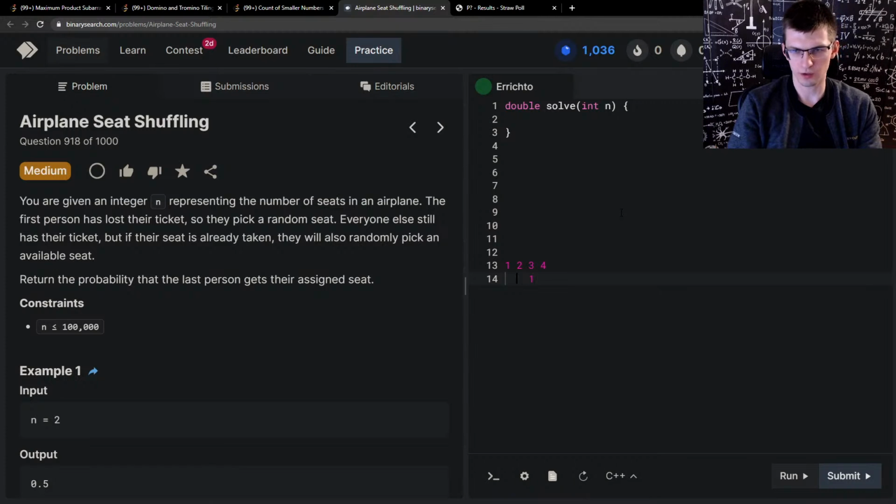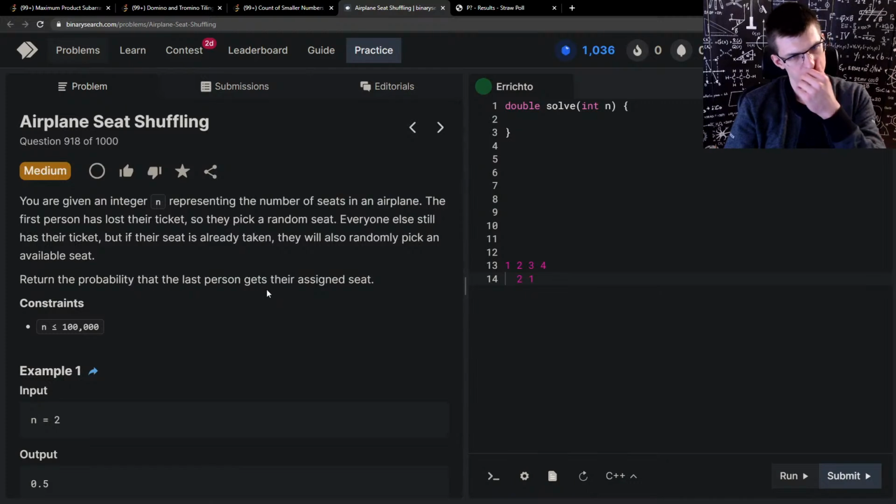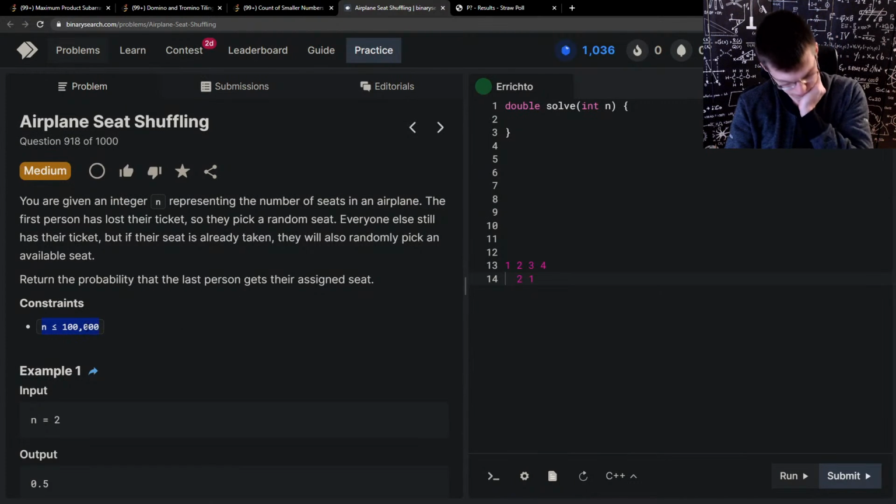Then 2 will come and get a proper position. 3 will come and randomly take the 4th or 1st seat. Is this proper logic? I think it is. And n is up to 100,000.